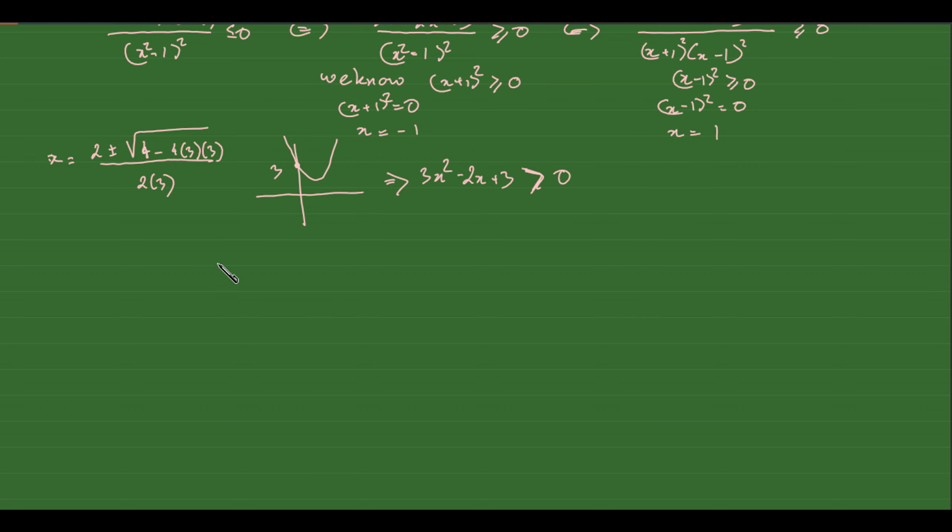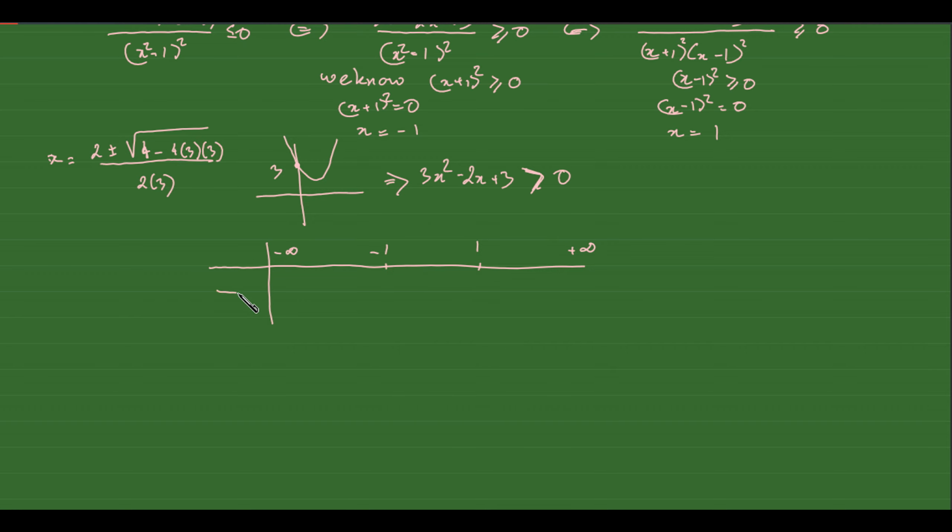The way you set up the table is just a little bit more detail. So I have negative infinity here, positive infinity here, and I just put these two values, negative 1 and 1, here.